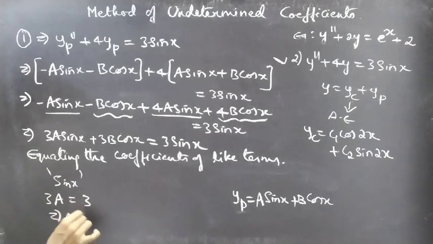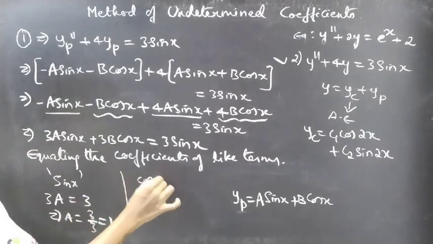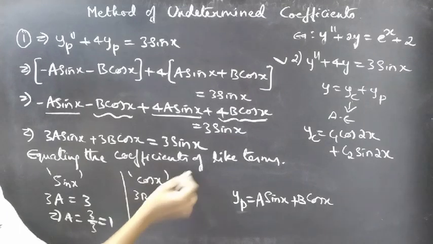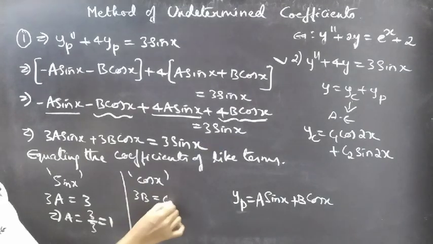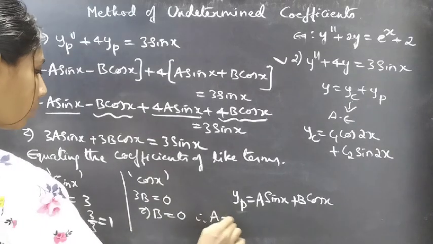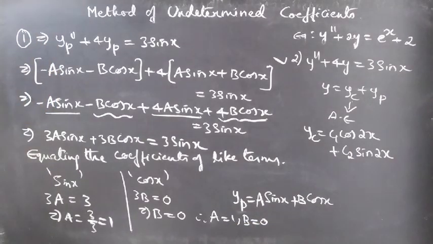From this you'll get a equal to 3 by 3, which is 1. Therefore a equal to 1. Now equate the coefficients of cos x. 3b equal to, we don't have any cos x term in the RHS part, so you'll get 0. You get b equal to 0, right? Therefore a equal to 1 and b equal to 0 are the values of the unknowns.